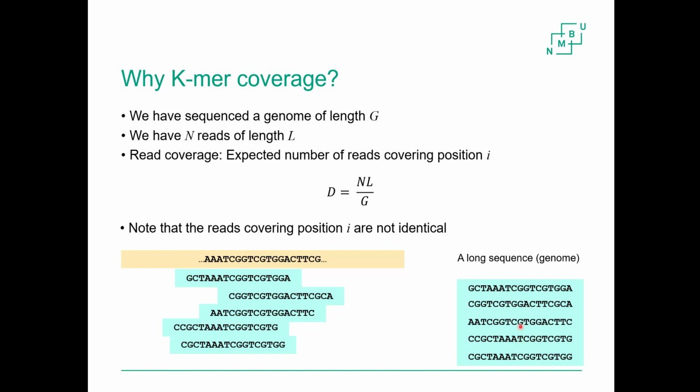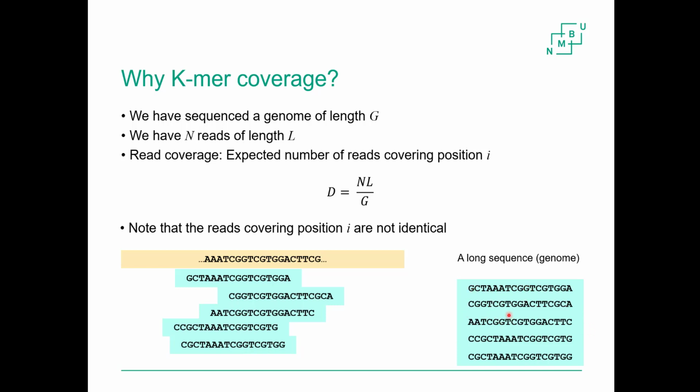So the whole motivation for looking at K-mers now is to discover something. We can see here that there is a region, right? All these reads share the same K-mer here. There's a part of every read that is the same, but they are at different positions in the read.